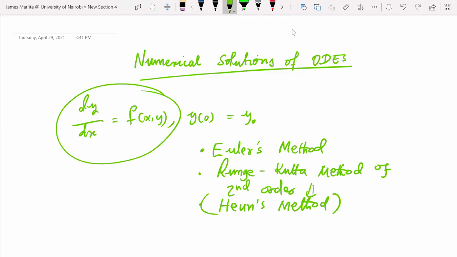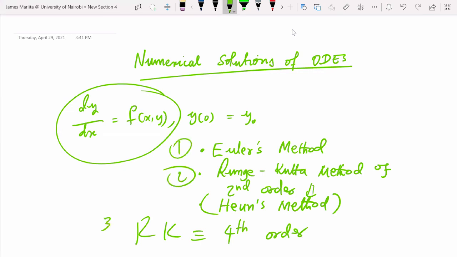That's the one. Then the Runge-Kutta method of fourth order. So you can have a look at those three, then we can discuss that next week.